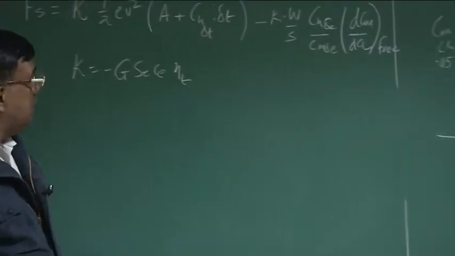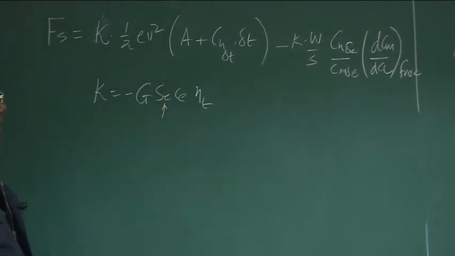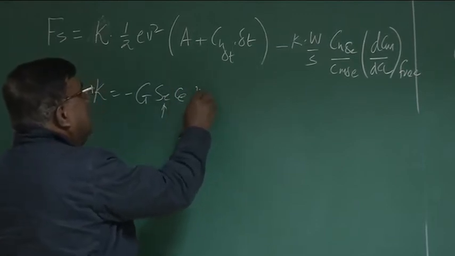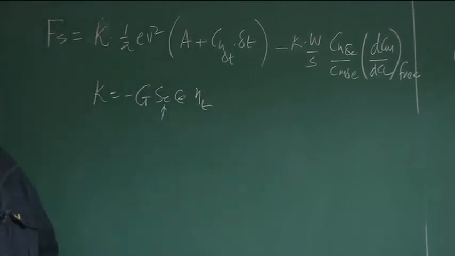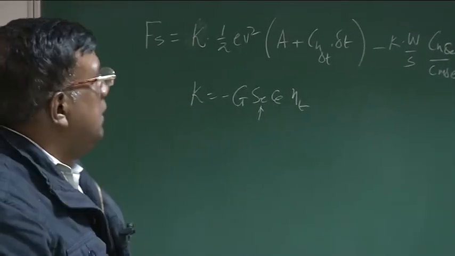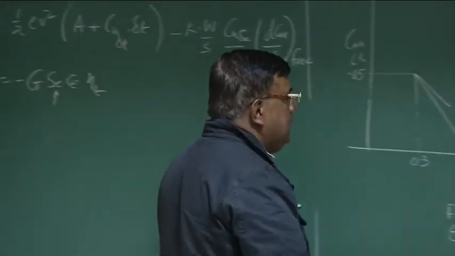Radian per meter, okay? So that is G. What was AC? AC is the elevator area. CE is the elevator chord, and neta T is the ratio of dynamic pressure at tail to free stream dynamic pressure. So we understand what is G.